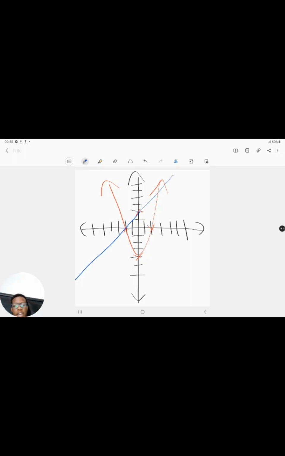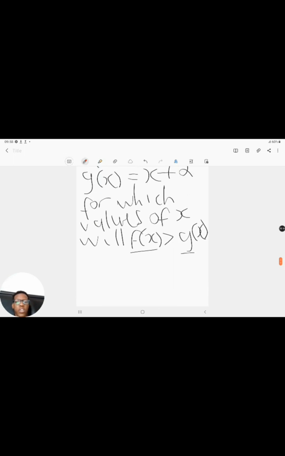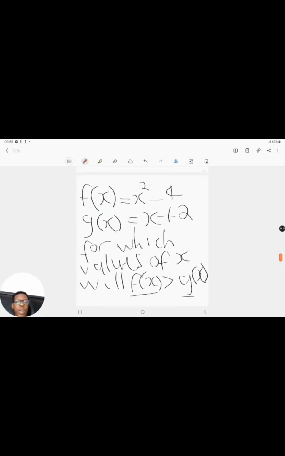Now if I were to label these graphs, the name of this straight line is g, and the name of this red line is f. I just sketched these graphs very quickly. You should know how to sketch these graphs. Practice sketching your straight line graphs and your parabolas.